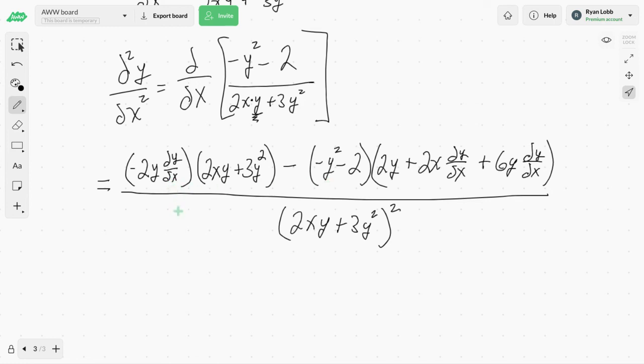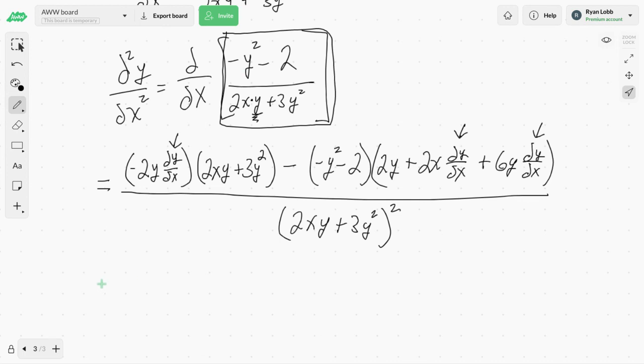So now to get everything in terms of x and y, what do I need to do? I replace every one of these dy/dx, dy/dx, dy/dx, replace every one of those three with what? Right here, because that is the first derivative. So in place of dy/dx, I would replace all that stuff.